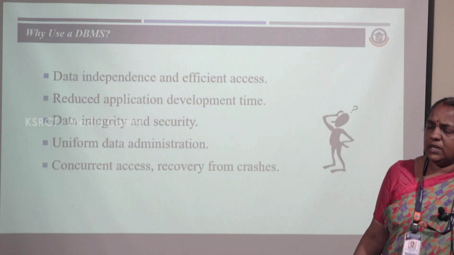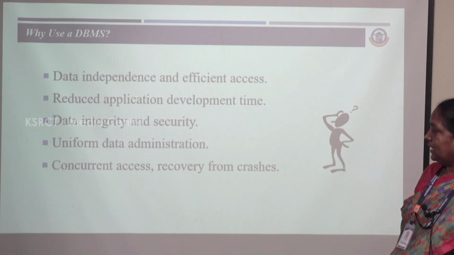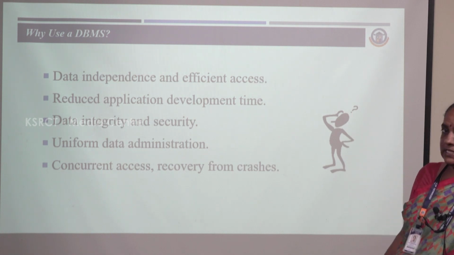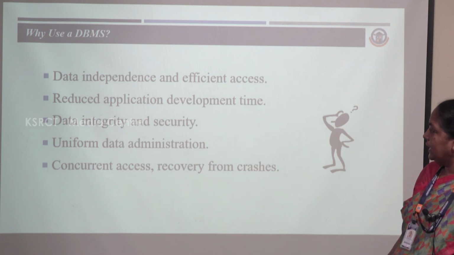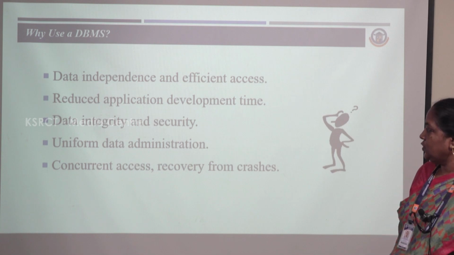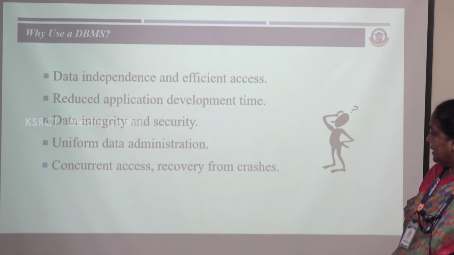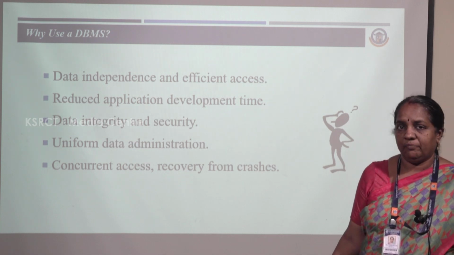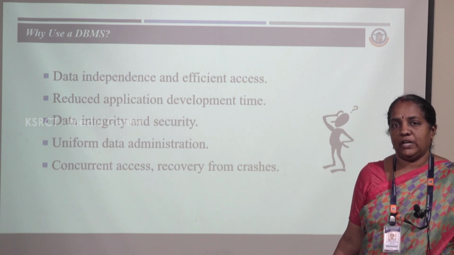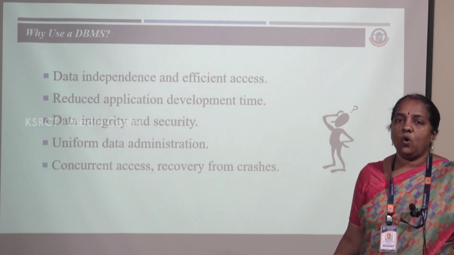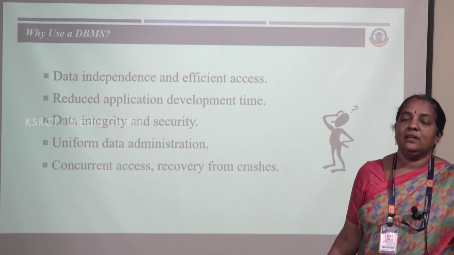So why use DBMS? DBMS is mainly used for data independence and efficient access, reduced application development time, data integrity and security, uniform data administration, concurrent access, and recovery from crashes. The most important purpose of a database is to store all data in one place, so security is strictly handled.